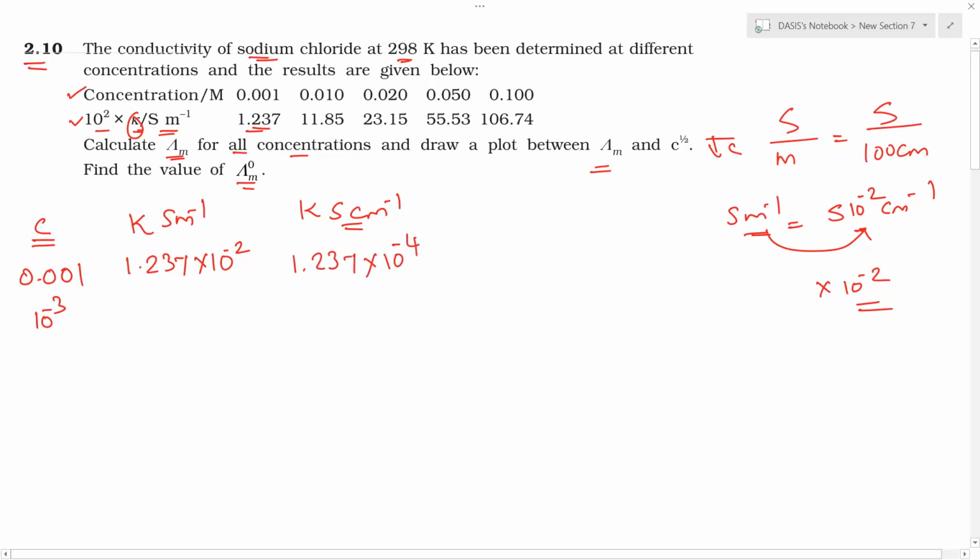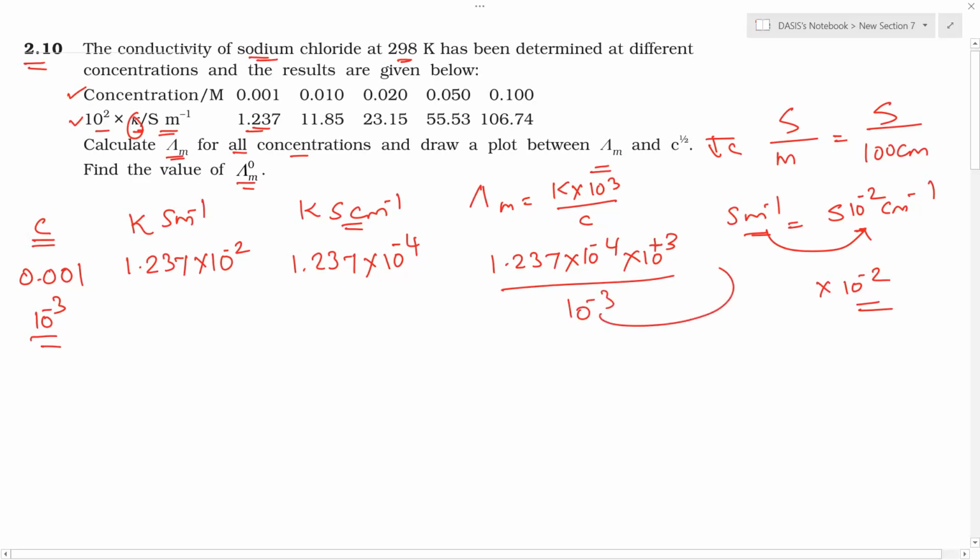Right? Now we have to go for the value of molar conductivity. Lambda m is equal to kappa into 1000 by C. So this can be written as kappa, 1.237 into 10 to the power of minus 4, into 10 to the power of plus 3, divided by the concentration, 10 to the power of minus 3.